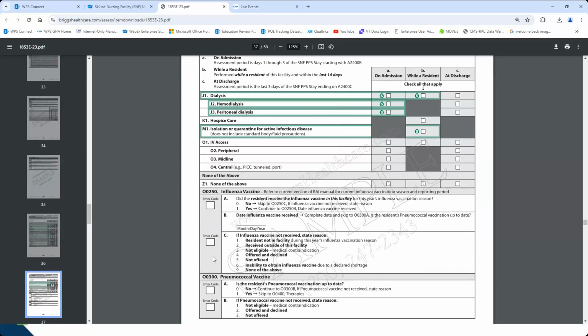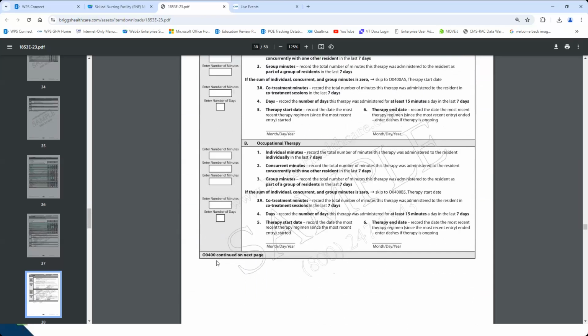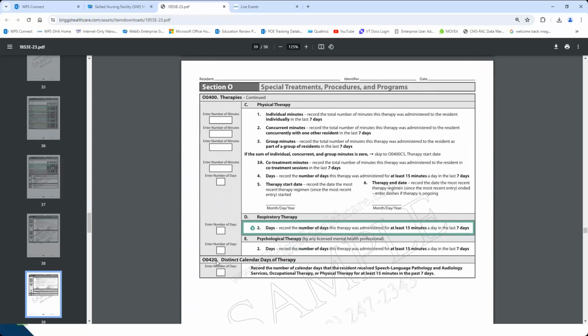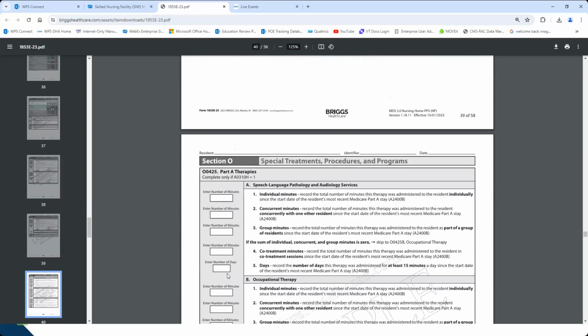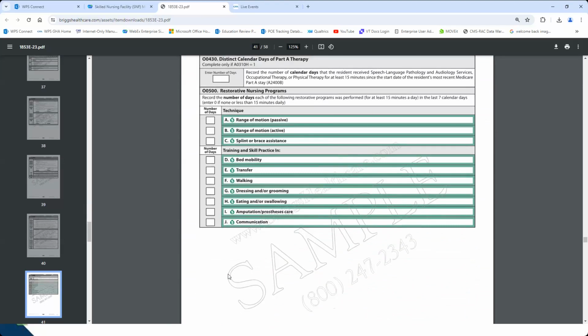So as we continue to scroll down, we're going to go through the therapy sections, which do not have green around them. And we're going to go down to respiratory therapy, and the amount of respiratory therapy that was administered in the last 7 days. And then again, scrolling down more through some of the therapy stuff, we get to the restorative nursing program information.